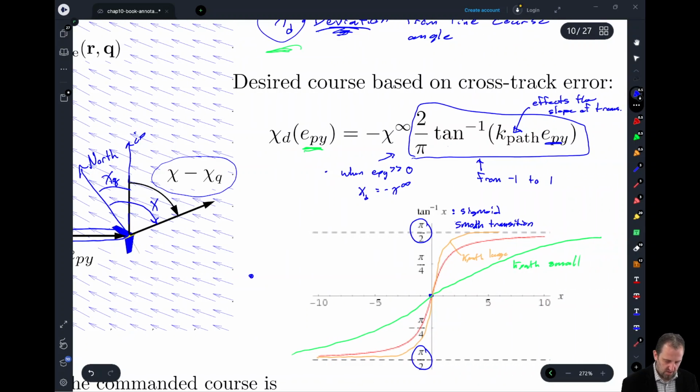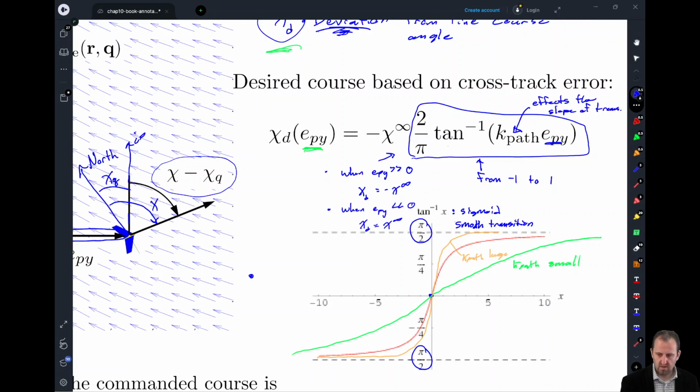Or similarly, when EPY is really small, then our desired deviation is going to be up to infinity. Okay, so this is perfect.